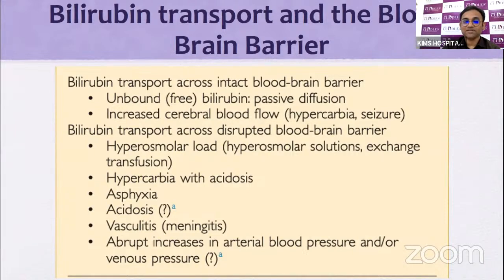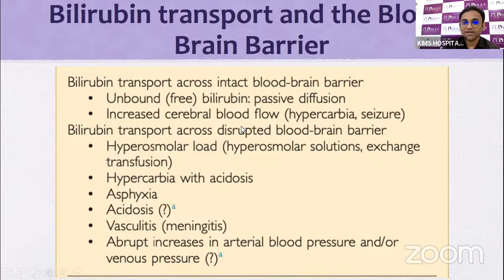So very high levels may not be sufficient to be exported by the transporter. Also, as we discussed, an increase in cerebral blood flow can happen because of hypercarbia, seizures, hypoglycemia, and hypoxia, where more blood flows into the brain, and this can lead to transport of bilirubin even though the blood-brain barrier is intact.